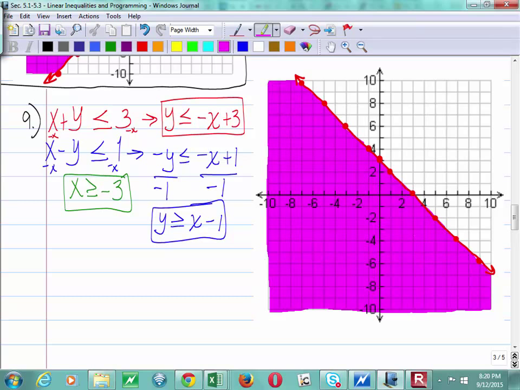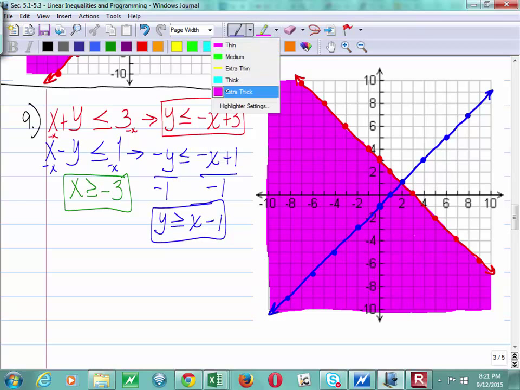Then the blue one has the y-intercept at negative 1 with a slope of 1. Alright, it is greater than or equal to, it's also a solid line. And it's greater than, so we shade above the line.